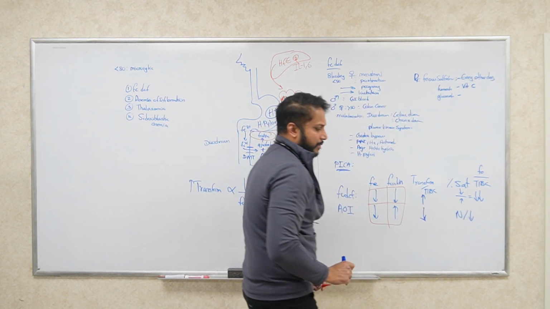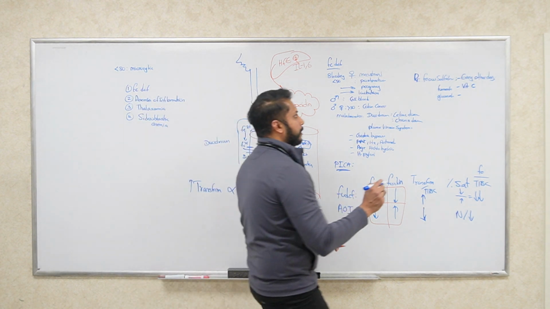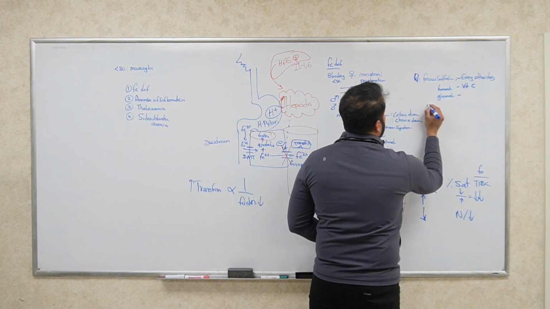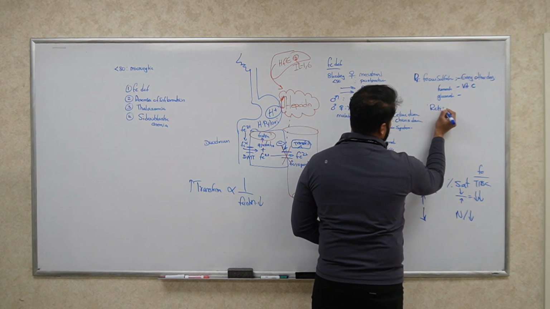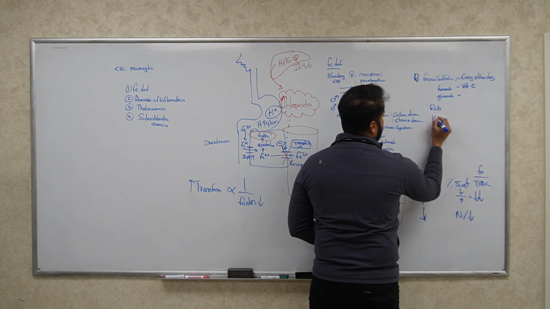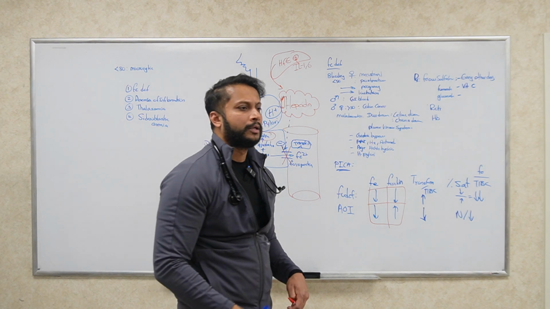Now, say you give iron supplementation. What is the first thing to change? Is it going to be a change in your reticulocyte count, or is it going to be a change in your hemoglobin? What is going to happen first once you start supplementing?